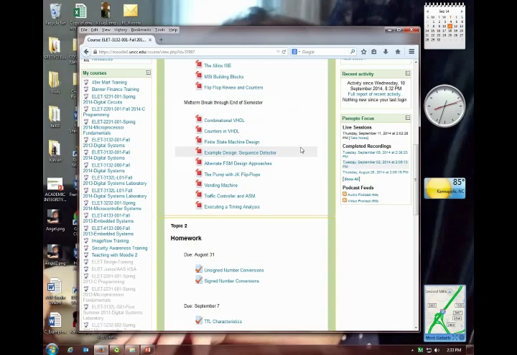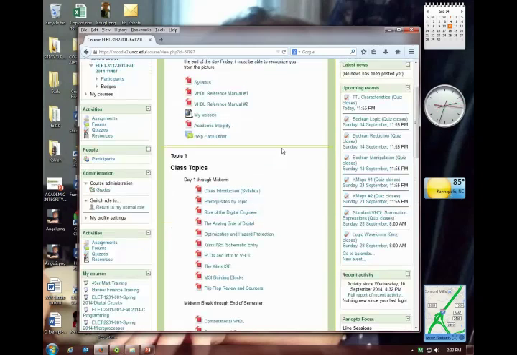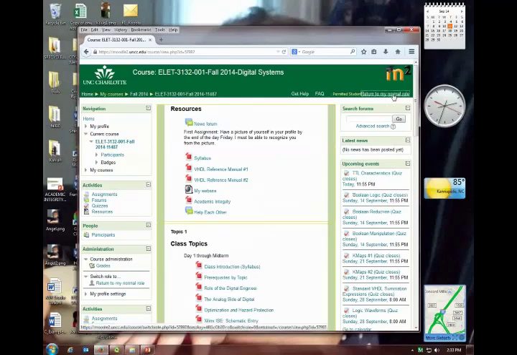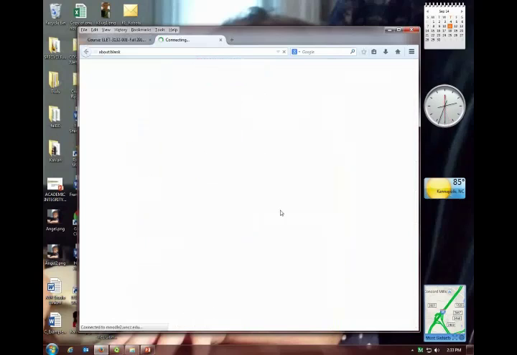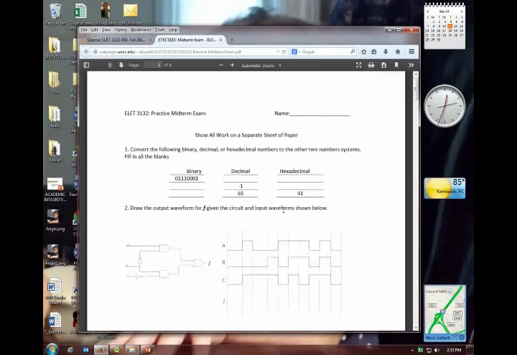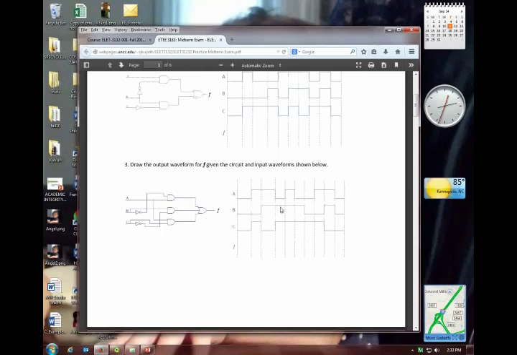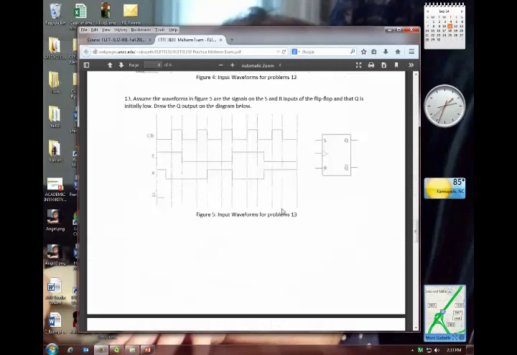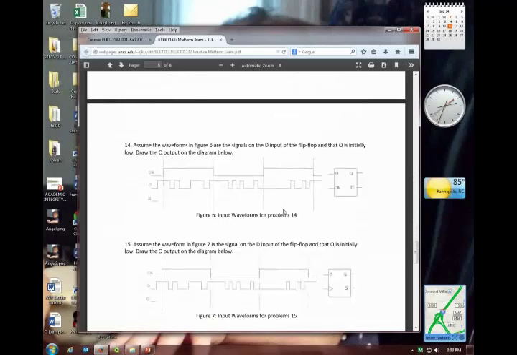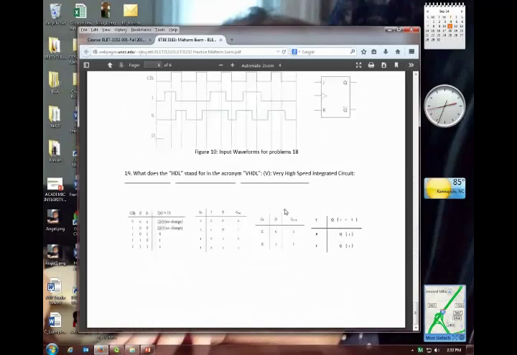I'm hoping to get through all this stuff before midterm so we can go on to the new stuff before then. So I have this practice exam out there. This is just an exam I have used in the past, so you get an idea that I do want to kick your butt on this.